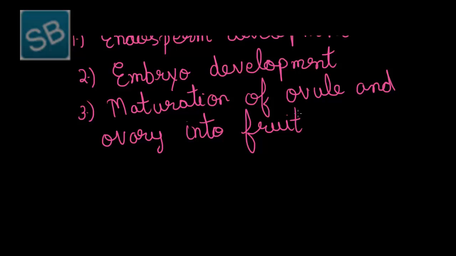Let us study these three events in brief, beginning with the first event, that is endosperm development. As said earlier, endosperm development is the first event that takes place in the post-fertilization part of the sexual reproduction in flowering plants.